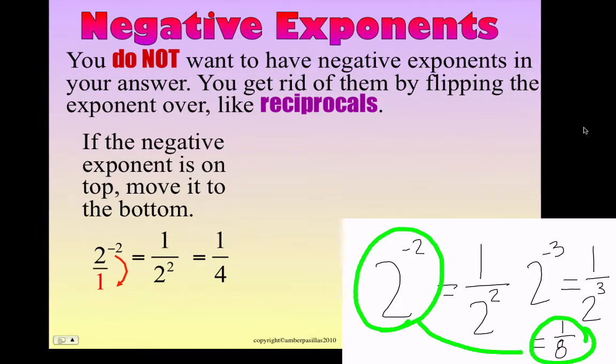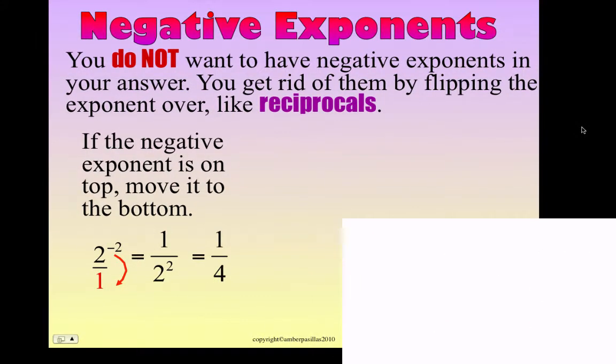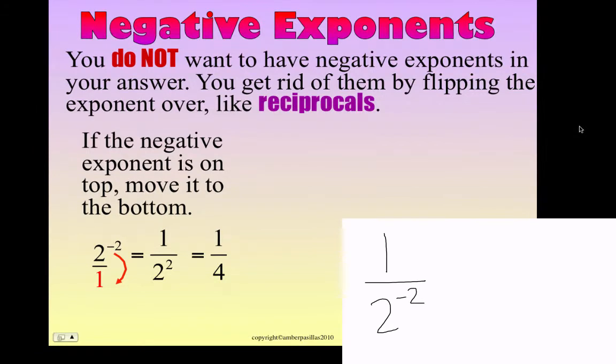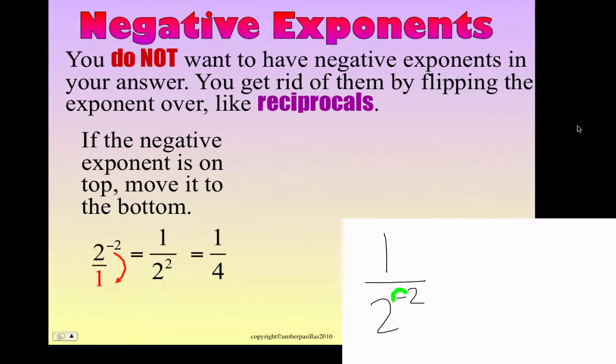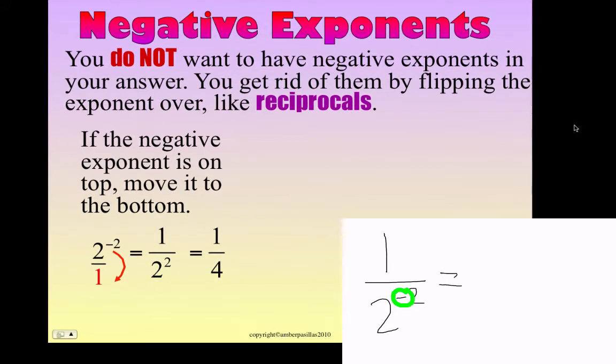Okay, now, what if the negative exponent is in the bottom? Like on this example, 1/2 to the negative 2. So same story. The negative 2 in the exponent, this guy here means I'm on the wrong floor. So I need to move to the correct floor. So he's going to go upstairs.